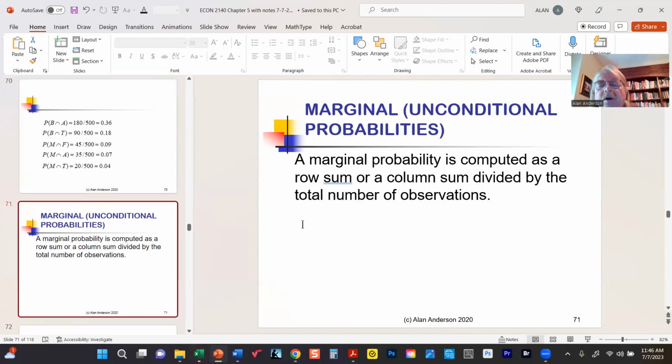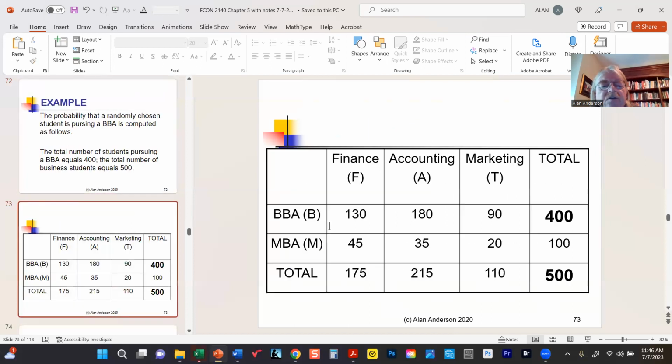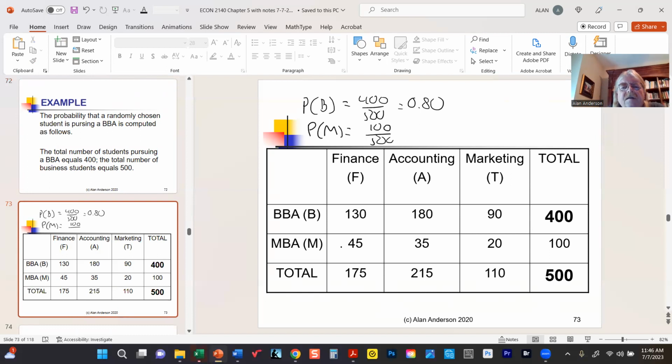And as we started to say, the marginal probability is either a row total or a column total. Only one thing is true. For example, here, the probability of B, just B, is 400 out of 500. Probability of M is 100 out of 500.